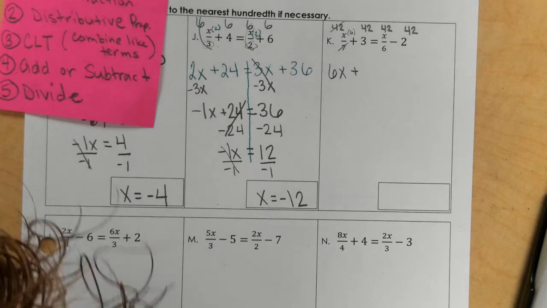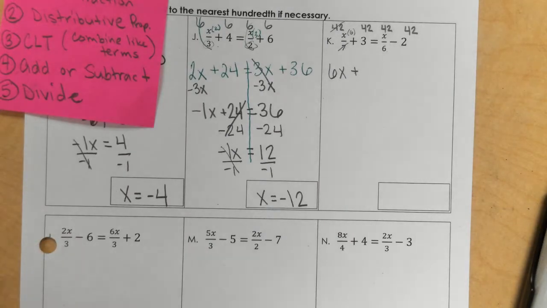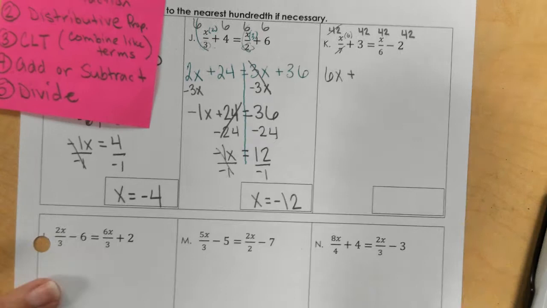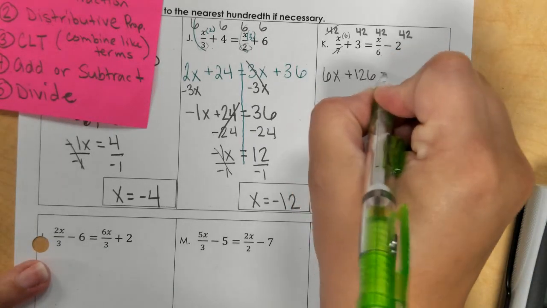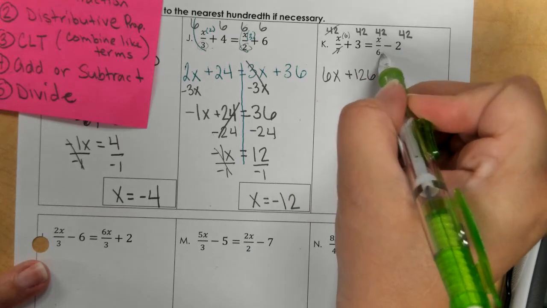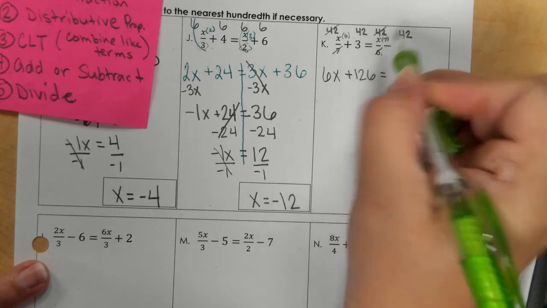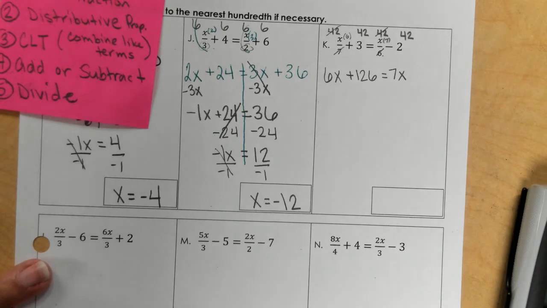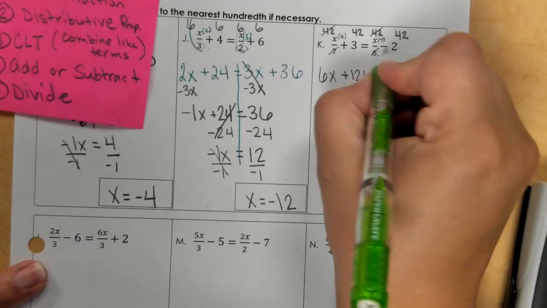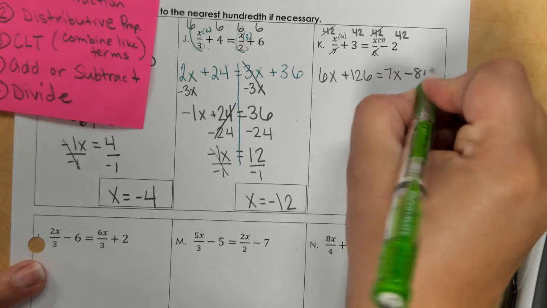Okay, 42 times 3, is that right? 42 times 3 is 126. 42 divided by 6 would be 7, so we have 7x. And then we have 42 times 2, and that'd be a negative 84.